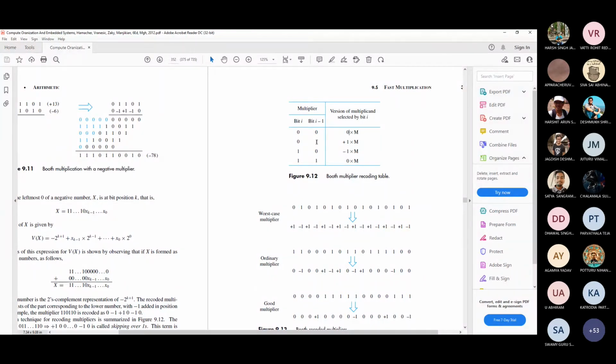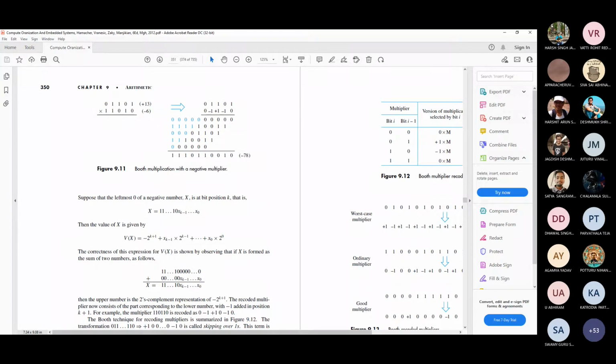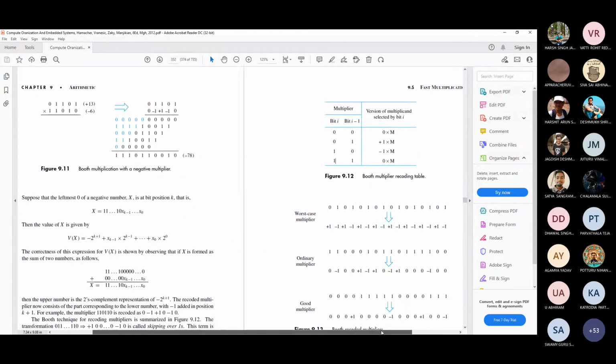If bit i minus 1 is 1 and bit i is 0, you multiply the multiplicand with plus 1. If bit i minus 1 is 0 and bit i is 1, you multiply the multiplicand with minus 1. If both consecutive bits are 1 1, then you multiply with 0.